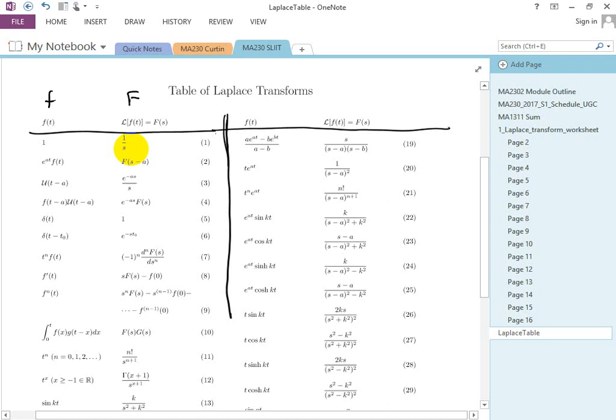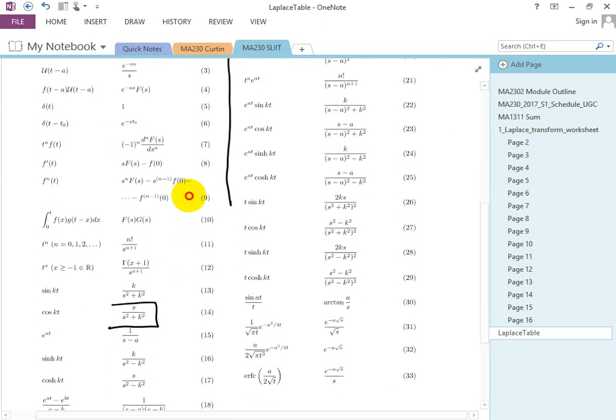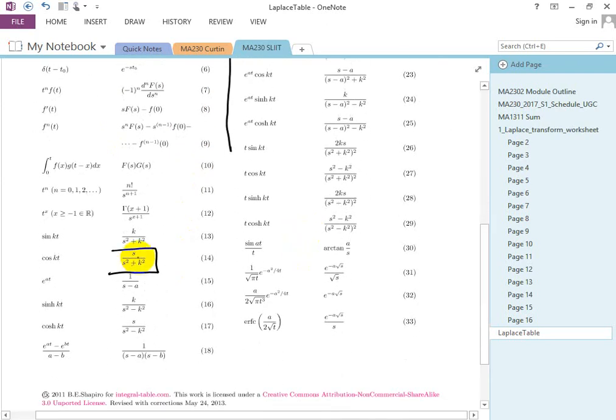Read the corresponding original function. So here what's going to be? If the Laplace transform is s over s squared plus k squared, the original function is cosine kt. So when it is s over s squared plus 4, what's the function? Which means you just need to figure out what k should be. So k should be what? So this is just pattern recognition.